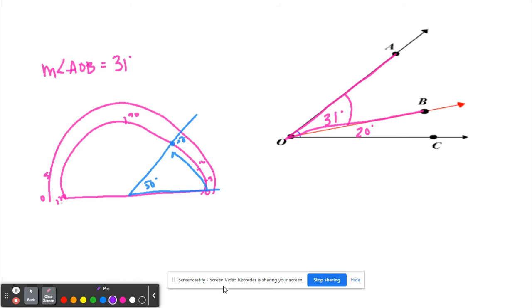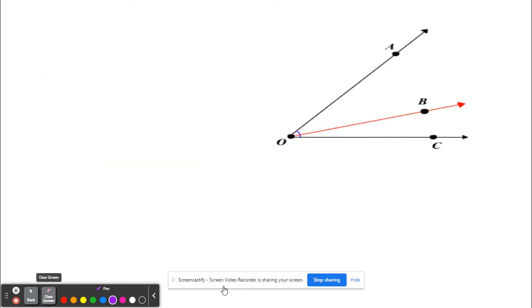Let's say though my angle, instead of pointing out to the right, is pointing to the left. That's when I start reading the numbers at the top. So if I'm reading up from the left side, I'm reading the outer ring. If I'm reading up from the right side, I'm reading the inner ring. Okay, all right, clear that.